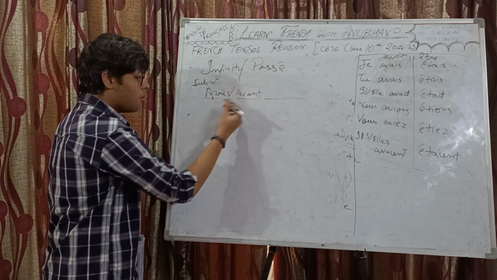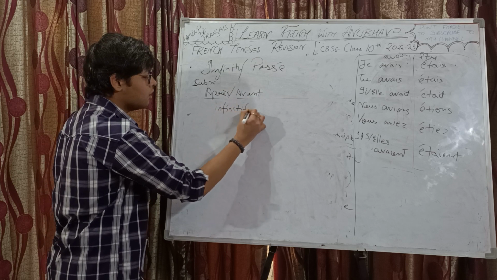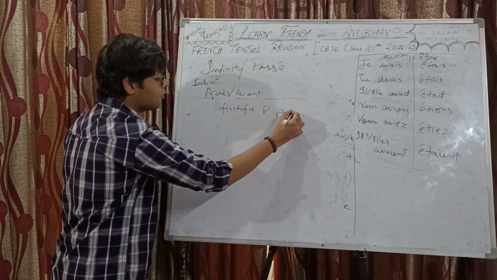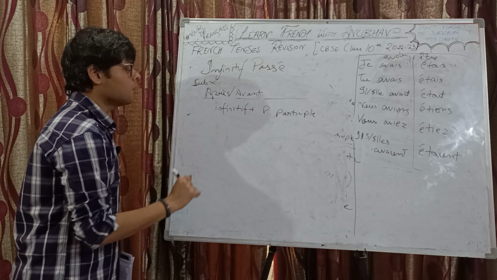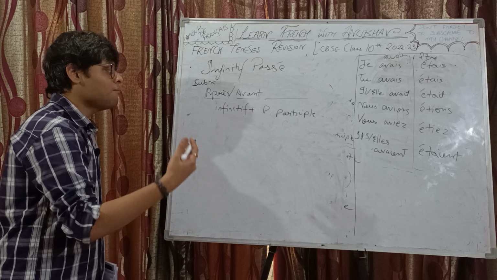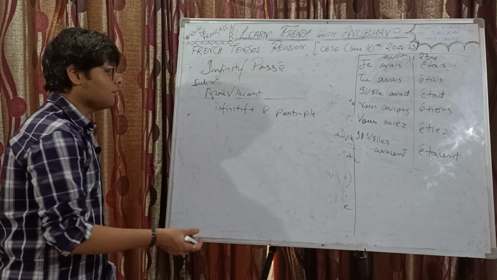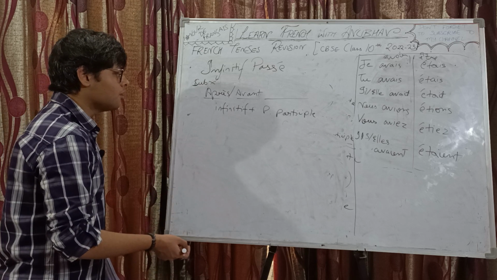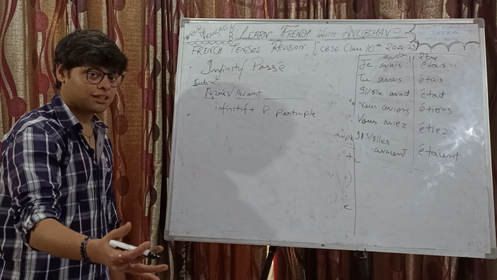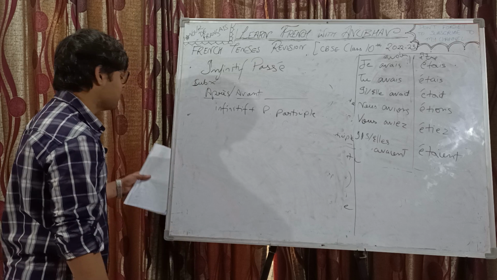Après or avant plus the infinitive of the auxiliary verb plus the past participle, followed by the agreement if applicable. For example, après avoir parlé, après avoir joué, something like that. Jouer in past participle form. Right? And that was our infinitive passé.